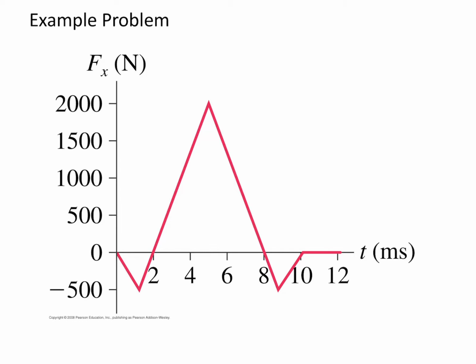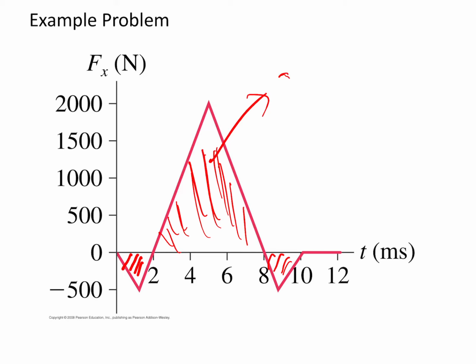Okay, in this example we want to find out the net impulse for this force. So you just need to find the area under this curve. This big triangle gives us a positive impulse, which is 1/2 times 2000 times (8 minus 2), which is 6 milliseconds.